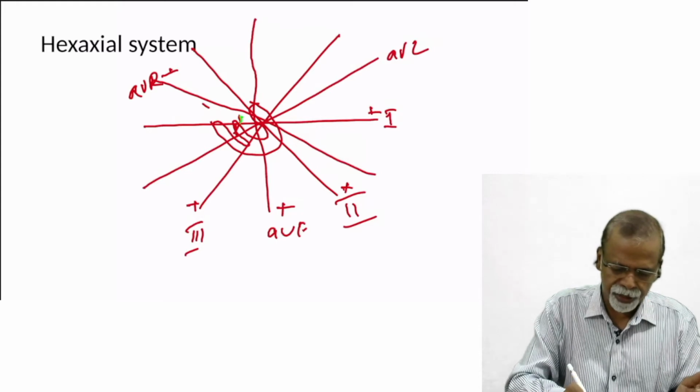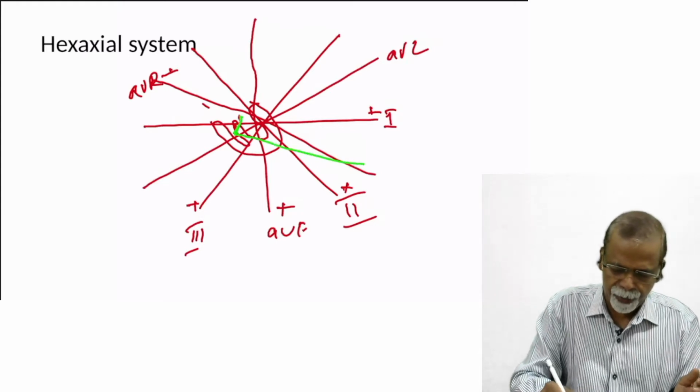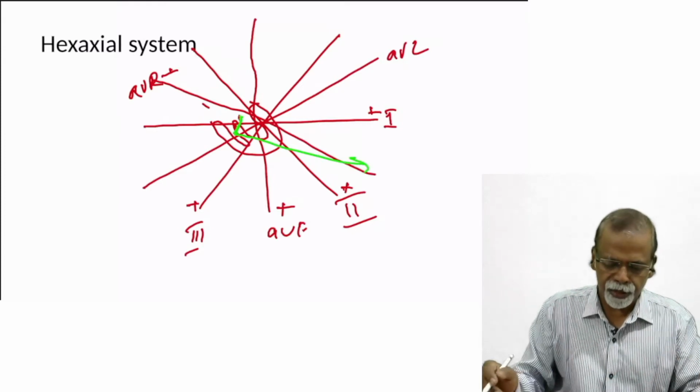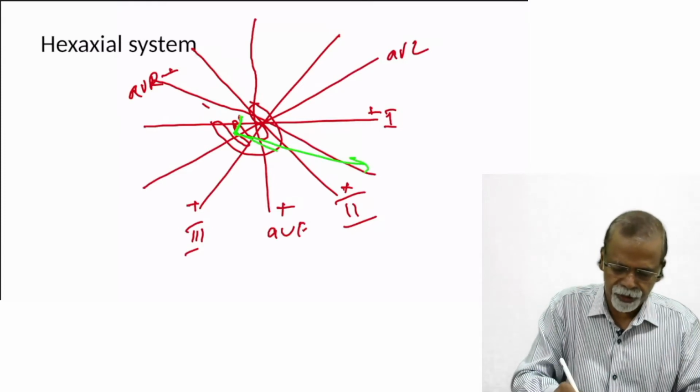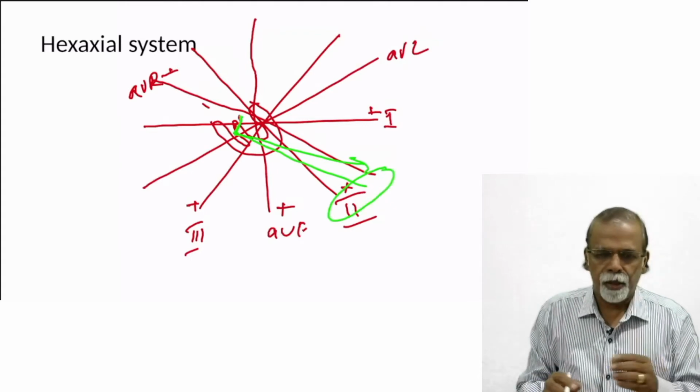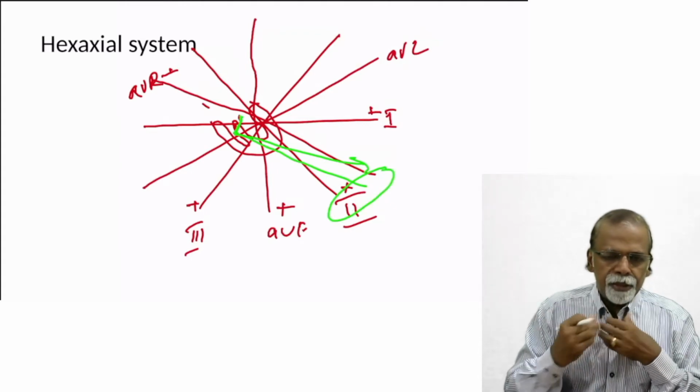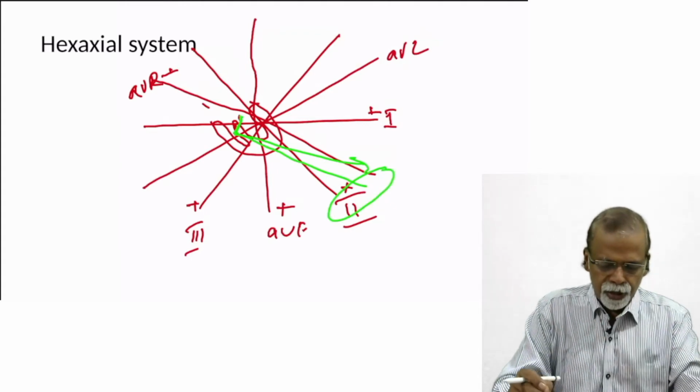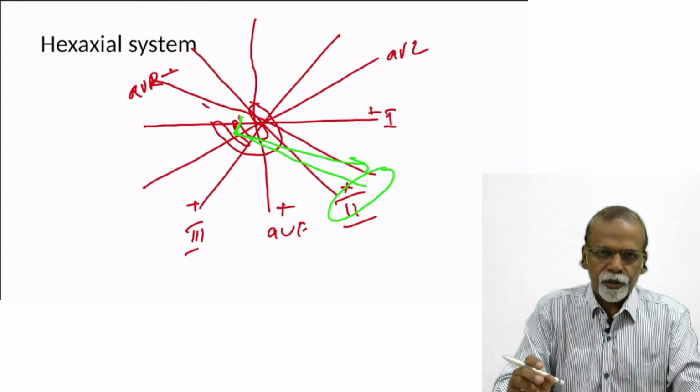So the initial electrical forces are from left to right, followed by the sum total of the electrical forces going in the direction of lead 2. This is the basis of the calculation of the electrical axis, or the vector of the QRS.